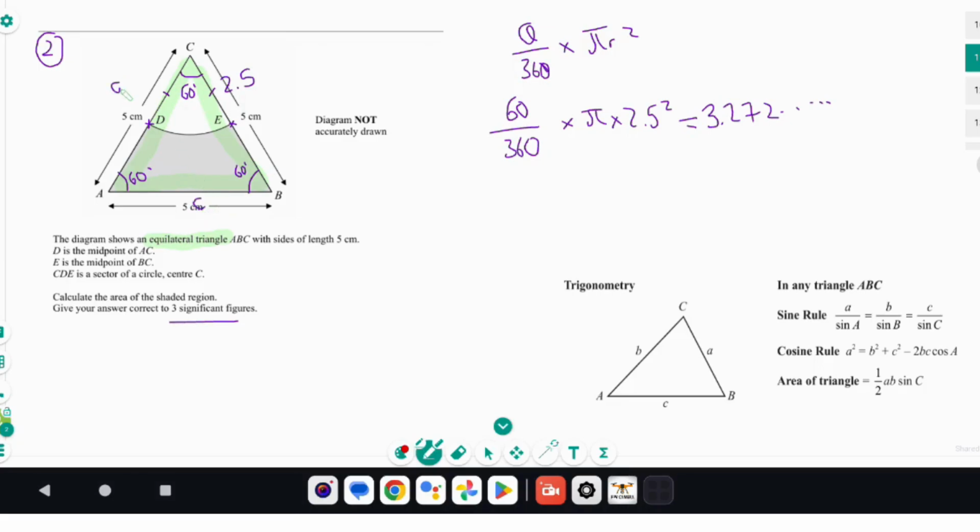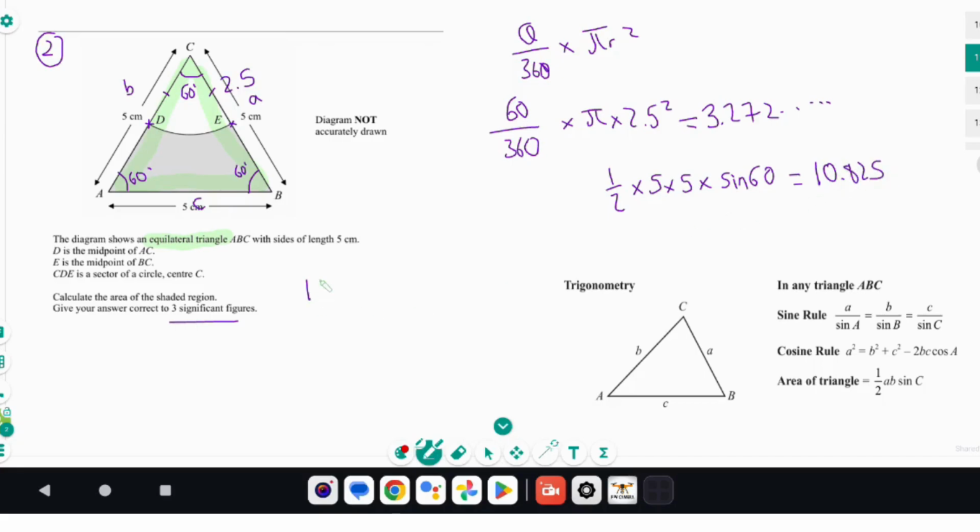So we've got big C is the angle, which is what we want. A is opposite little a, B is opposite little b. So half times 5 times 5 times sine 60 is 10.825.